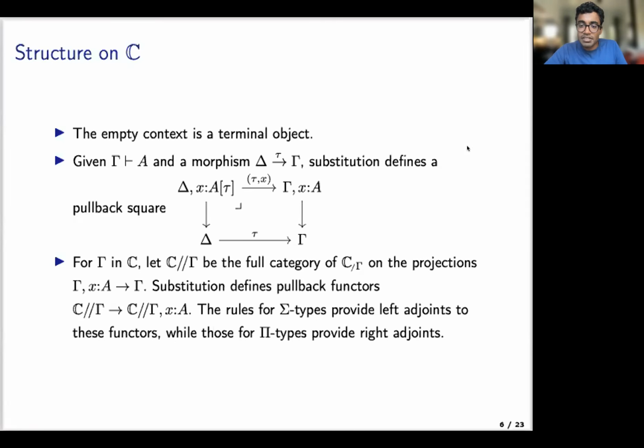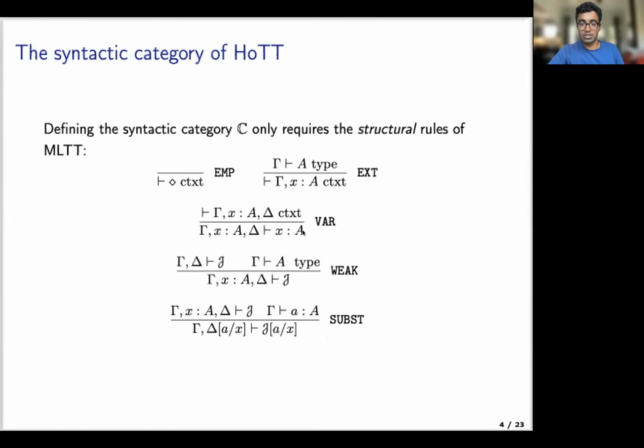Moreover, given any type A in a context gamma, we have a dependent projection, a morphism that's called a dependent projection. That's just the list of variables that leaves out the variable x, that forgets the variable x. Right? Does that make sense? This is the context morphism that just drops the variable x. And that's given by the weakening rule.